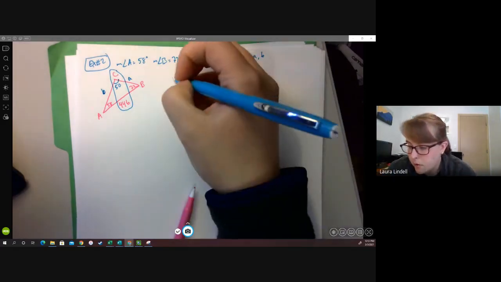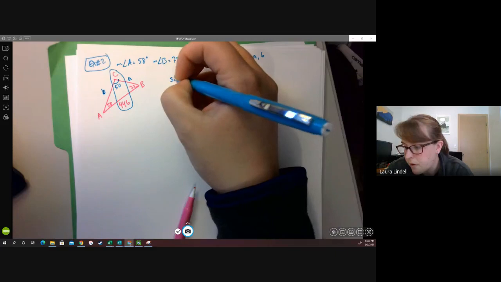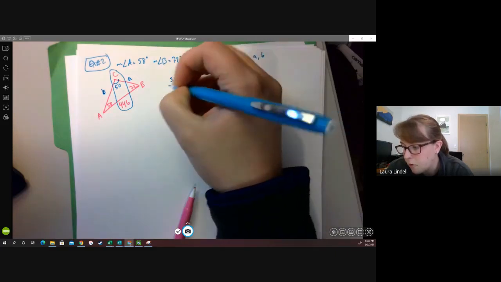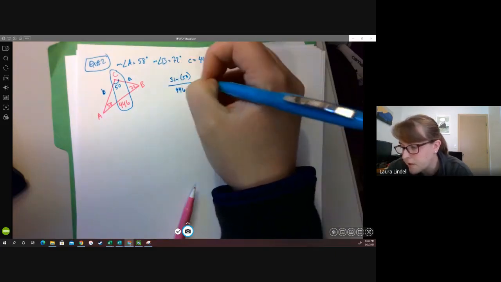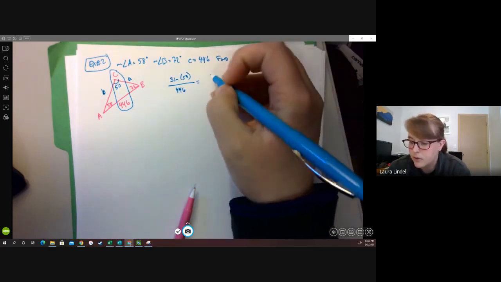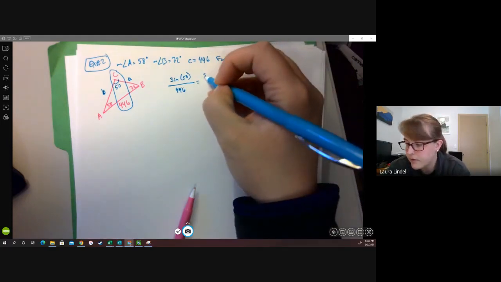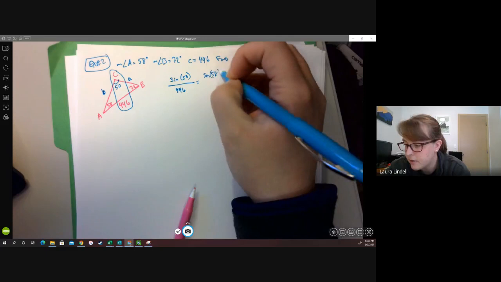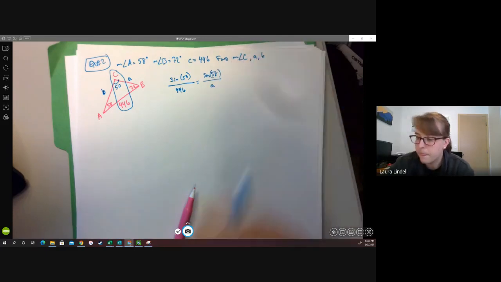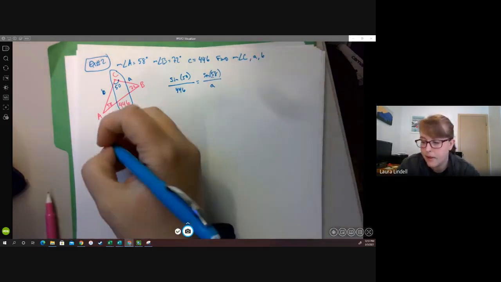So the thing that we're going to set up: sine of 50 over 446 is equal to, we're going to set up 2 here, sine of 58 over A. And then we're going to set up the same thing over here.